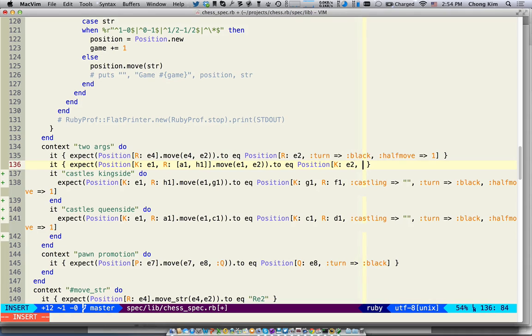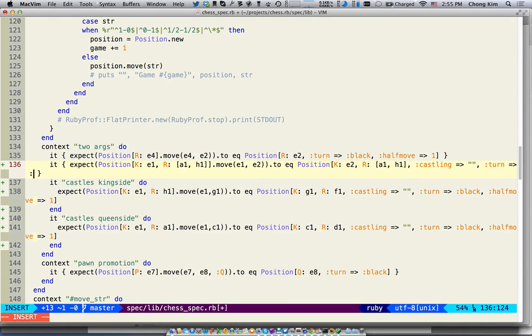King is on e2, but the rook is on a1 and h1. But I'm going to explicitly say that castling is going to be empty. Okay, and okay, so now the turn is going to be black. Half move is 1. Okay.